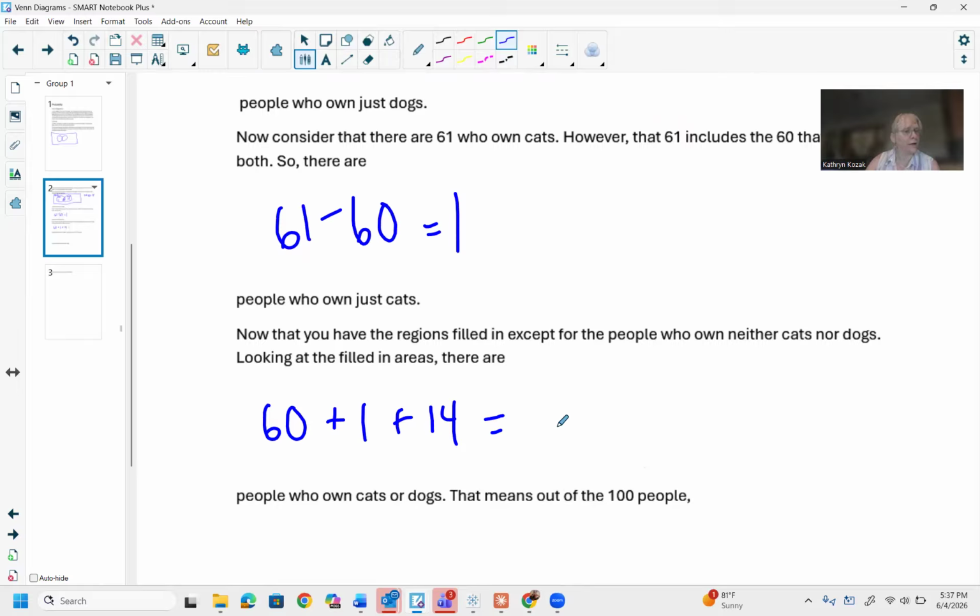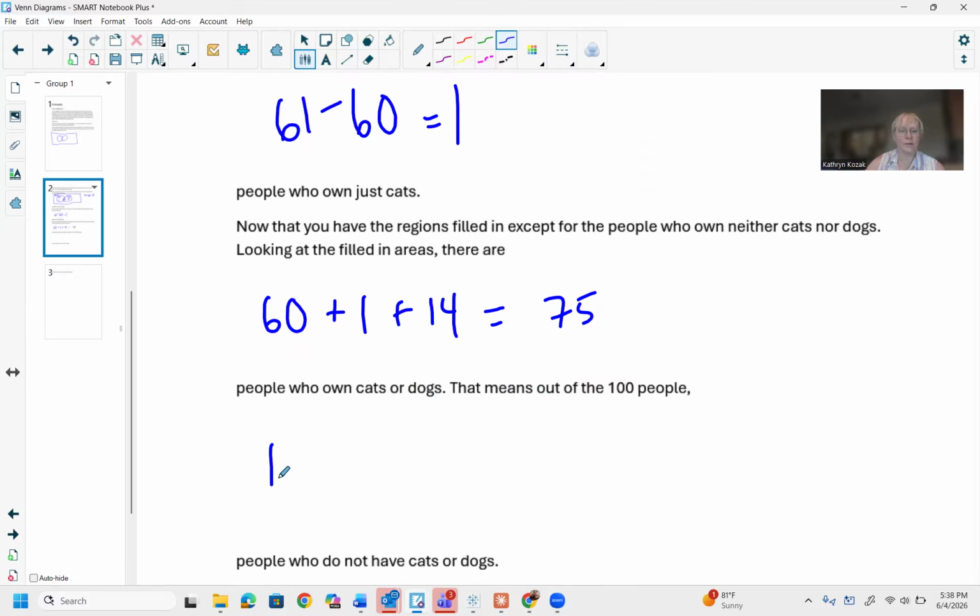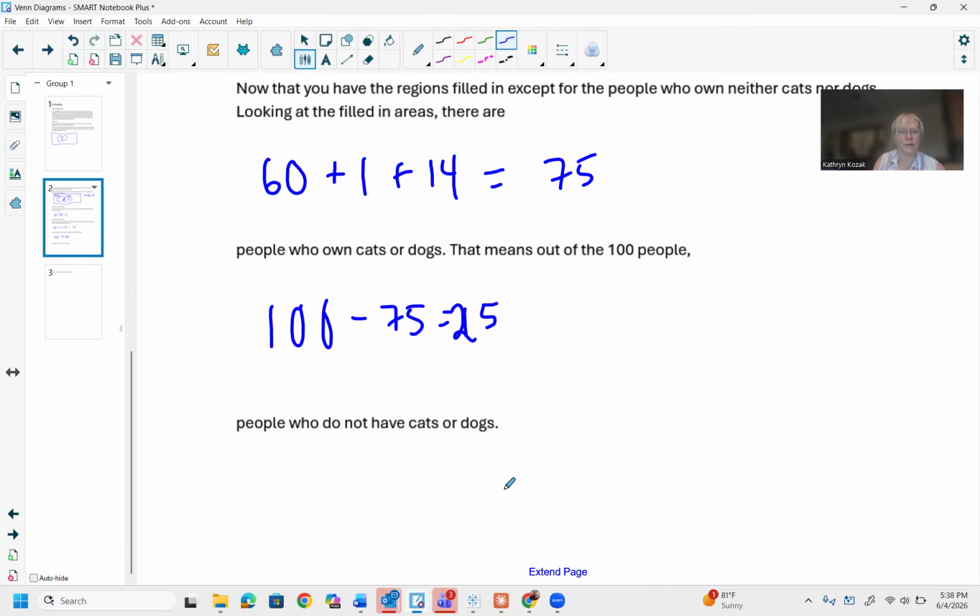So there are, in fact, 75 people who own cats or dogs. That means out of the 100 people, 100 minus 75 equals 25 people who do not own cats or dogs.